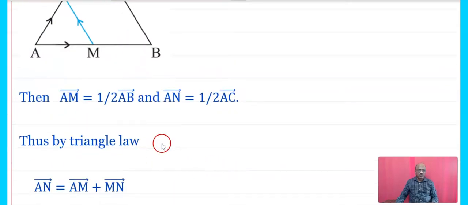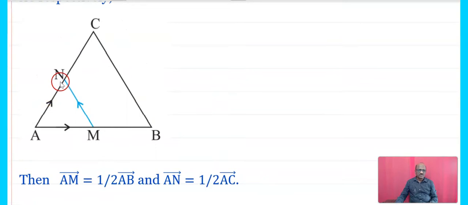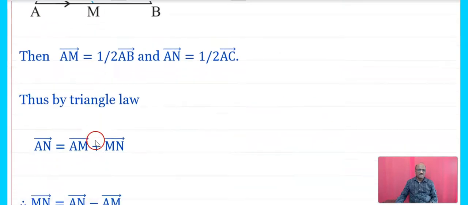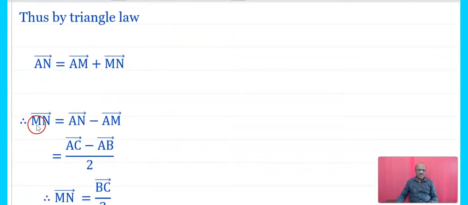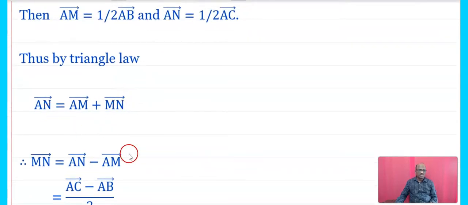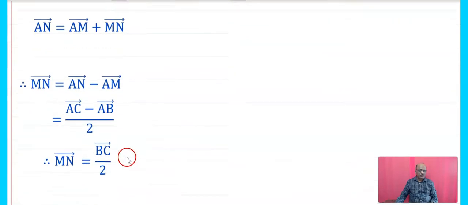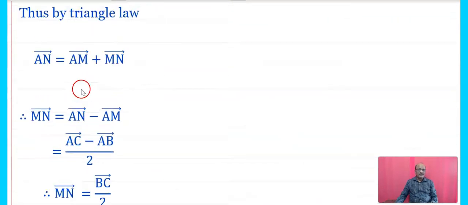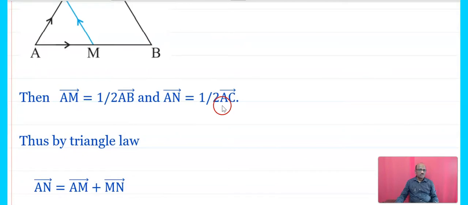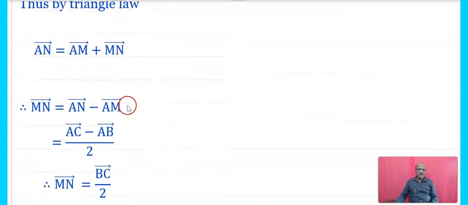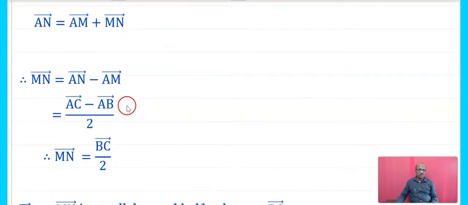By the triangle law, AN is equal to AM plus MN, and hence MN is equal to AN minus AM. And again AN is equal to 1/2 AC, and AM is equal to 1/2 AB.